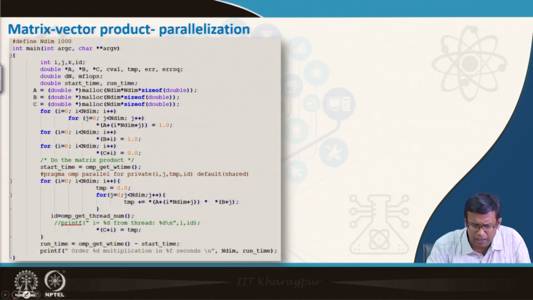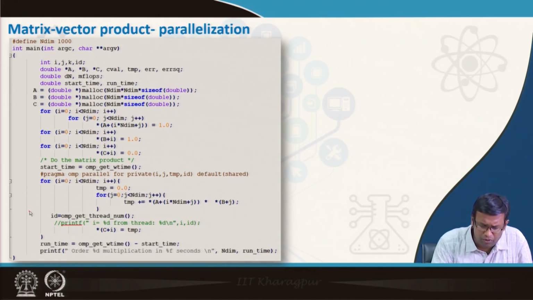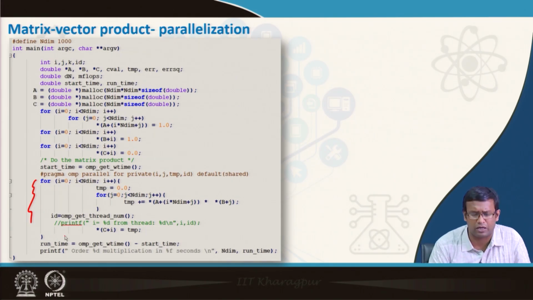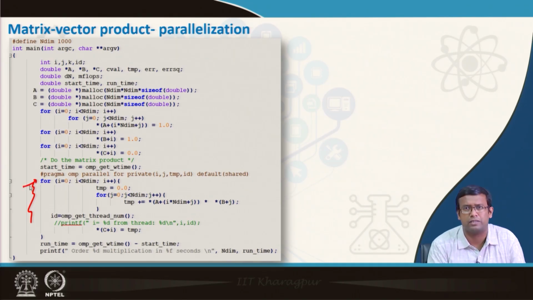Now, if we have to parallelize it, the parallelization will be very simple. You only have to write a parallel construct before the matrix vector product outer loop, and it will take the outer iteration loop and parallelize it.